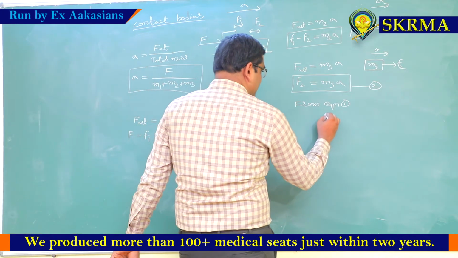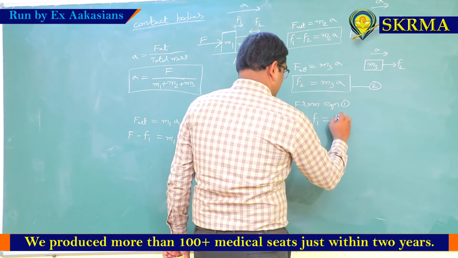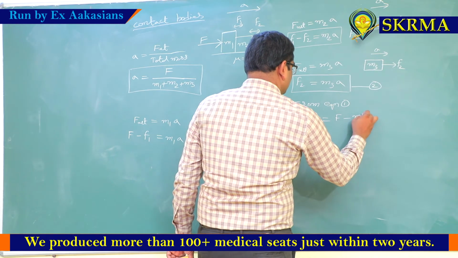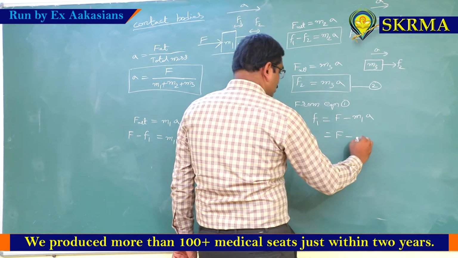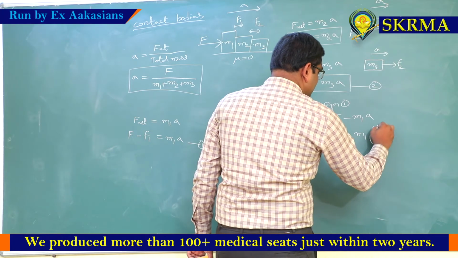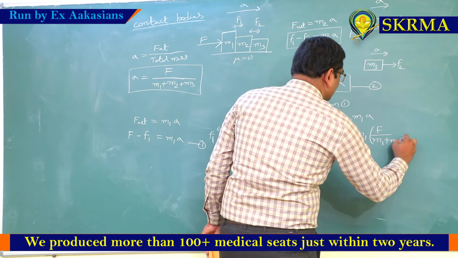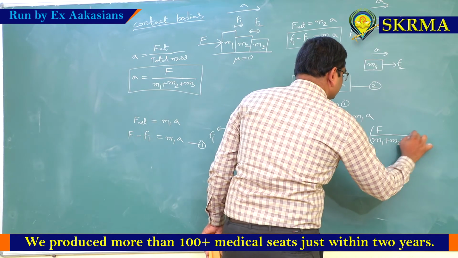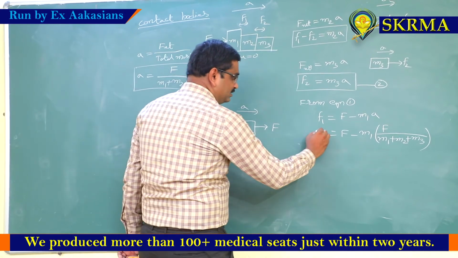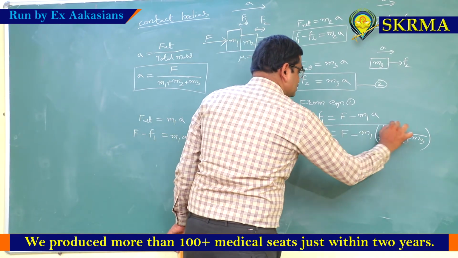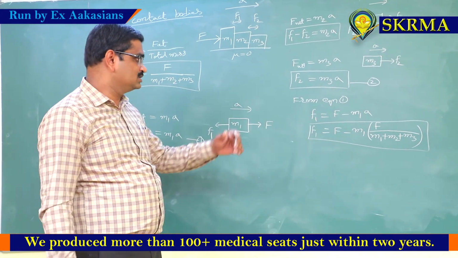F1 can be written as capital F minus m1 into A. So F1 is F minus m1 into acceleration, and acceleration is F by m1 plus m2 plus m3. This is the contact force. We can solve this further, but there is no need; just substitute and solve.